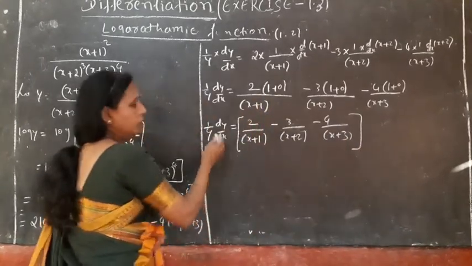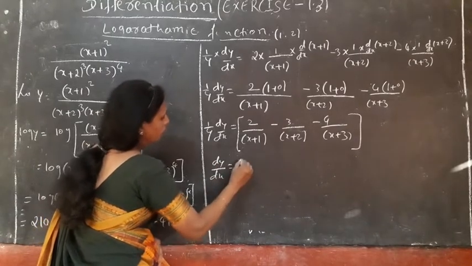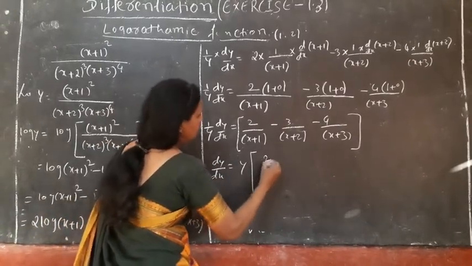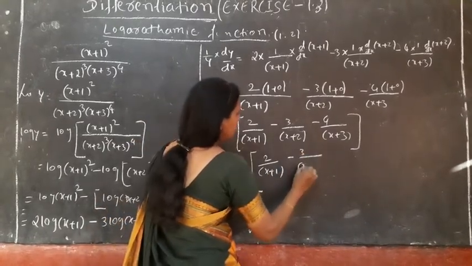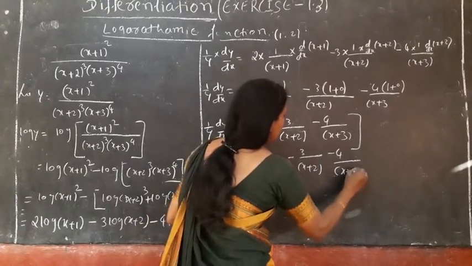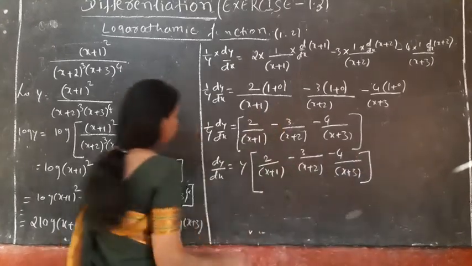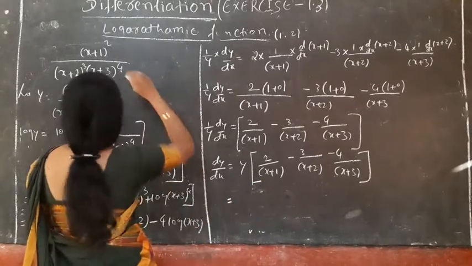Now by cross multiplication we can write dy upon dx equal to y into the bracket 2 divided by (x plus 1) minus 3 divided by (x plus 2) minus 4 divided by (x plus 3). Now put the value of y, that is, what is the value of y?